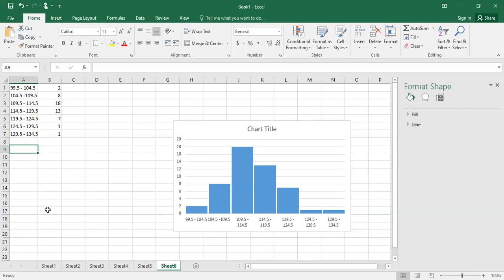So to compute the class midpoint of these classes, the class midpoint is the average of the two numbers. So I'm going to compute the average of the classes.